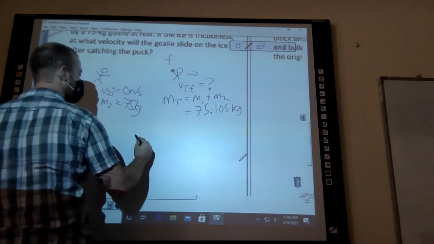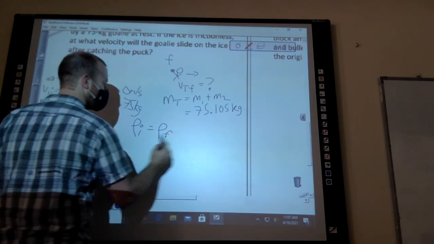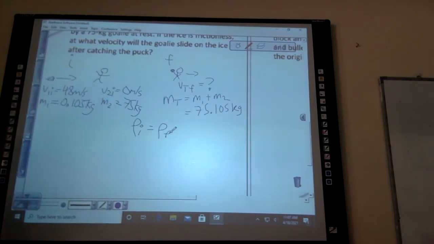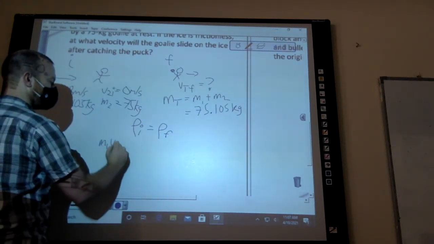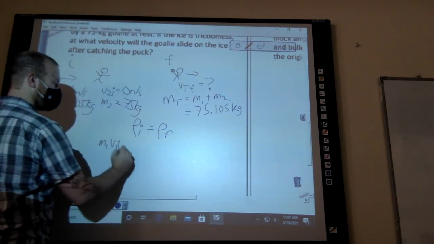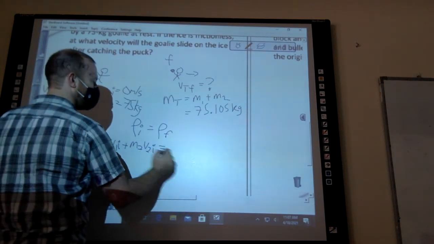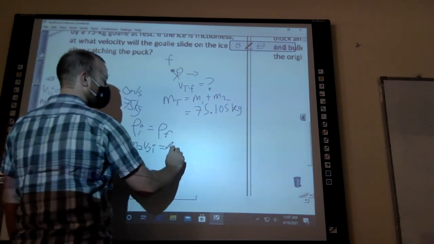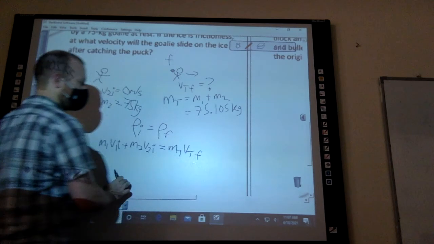So now getting into momentum. Momentum initial is equal to momentum final. M1V1I plus M2V2I. And here's where the equation now changes. It's now M total, V total final.